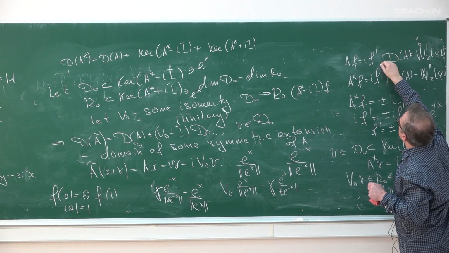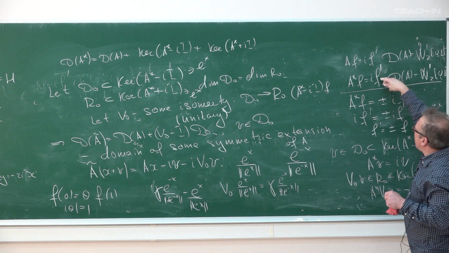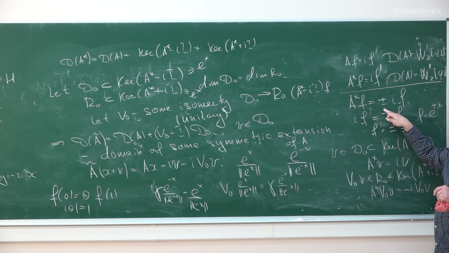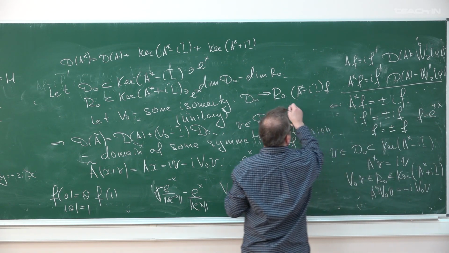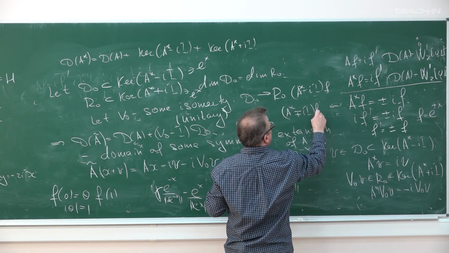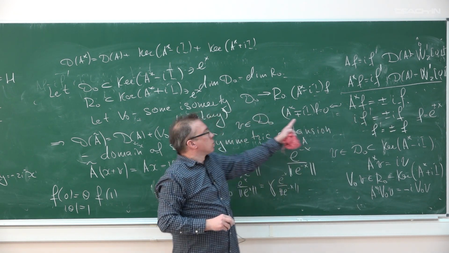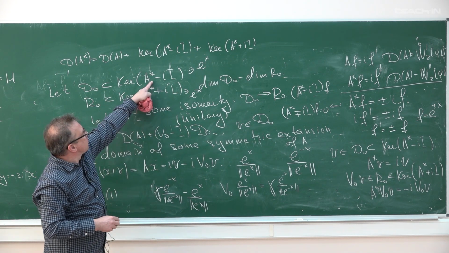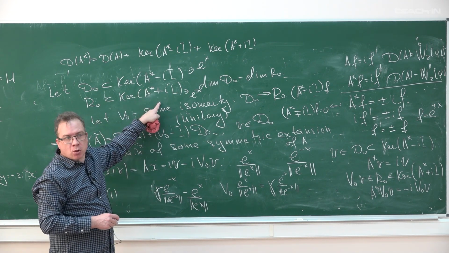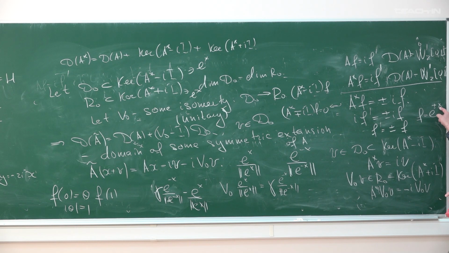Oh no, sorry, it is the definition of operators. And this is the equation for eigenvalues and eigenvectors, equals to 0. Take this to the left side. So the upper sign is for this kernel, the lower sign is for this kernel. So the function with sign plus is from D0, and the function with minus is from R0.